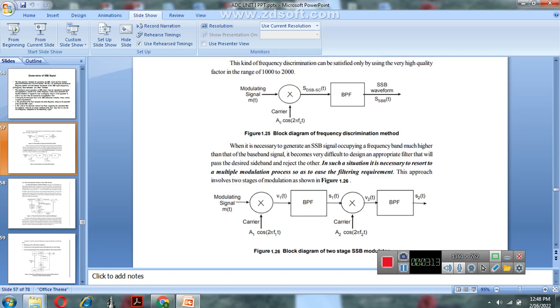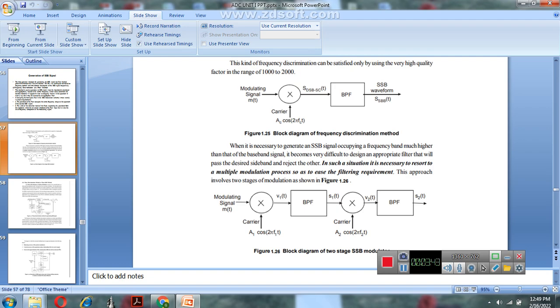This v1(t) is connected to the input of the band pass filter. We already said that the band pass filter allows a certain frequency range of the signal and produces the required output s1(t). This s1(t) is connected to the input of the second multiplier, which also has two inputs, s1(t) and the carrier signal A2 cos 2 pi f2 t, and produces the output v2(t).